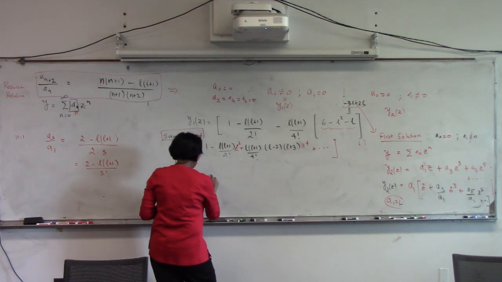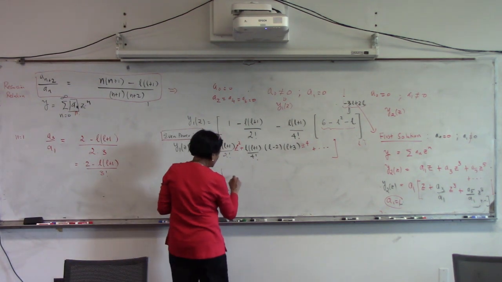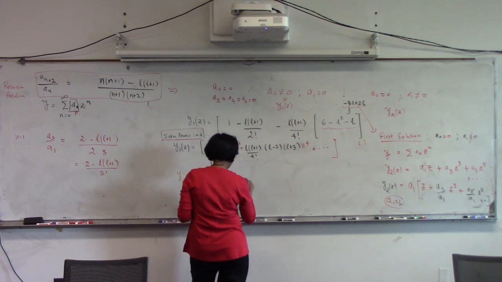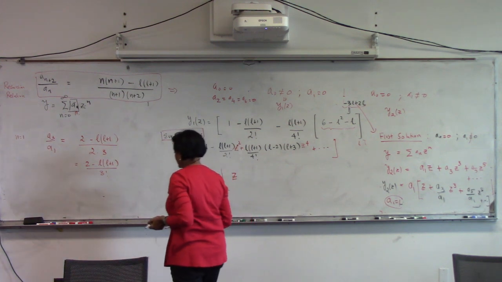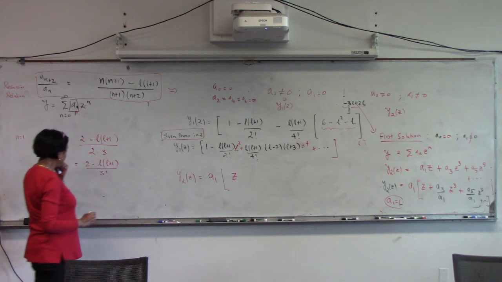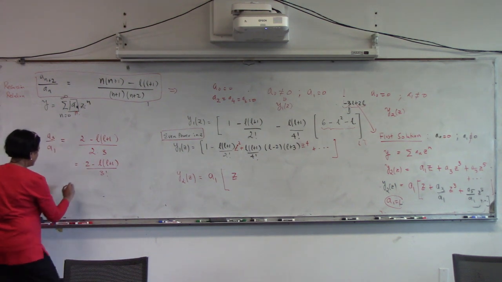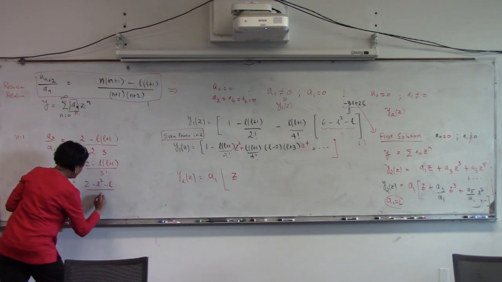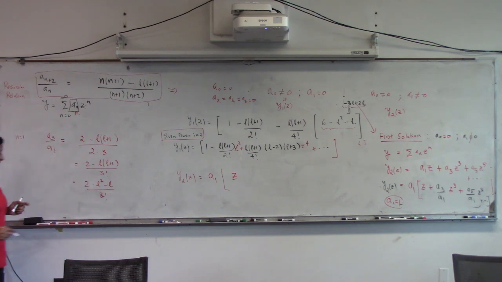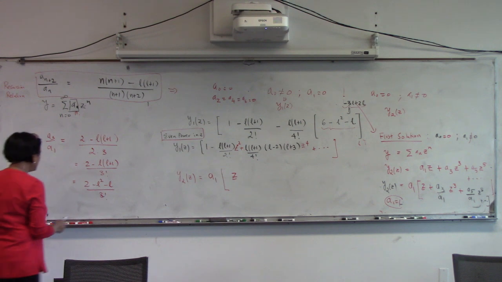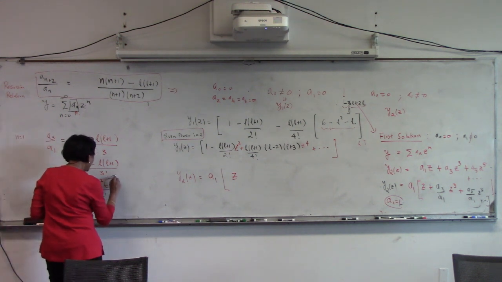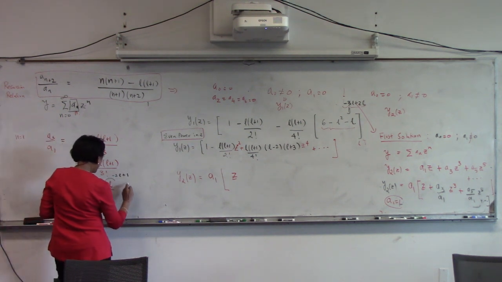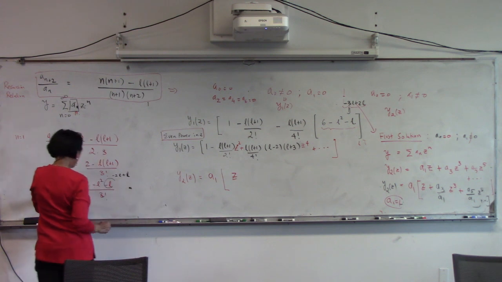All right, so this a1 we will take as 1. I'm just writing this term right now. Should we further simplify this? Can we? 2 minus L squared minus L over, yeah, we can simplify this also further, right? I want to write it in nice form. Minus 2L plus L will be minus L, right?